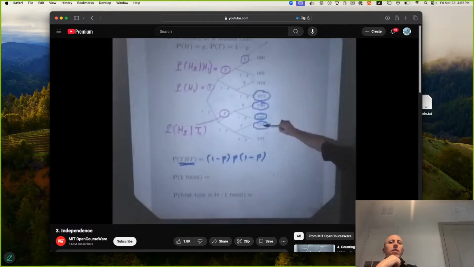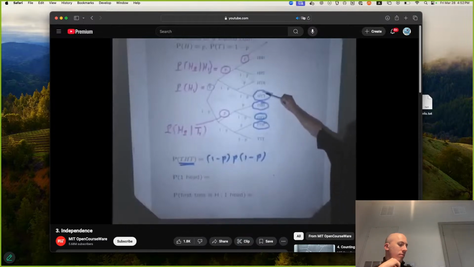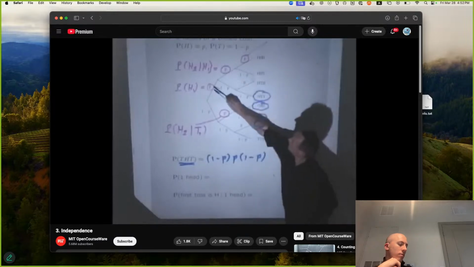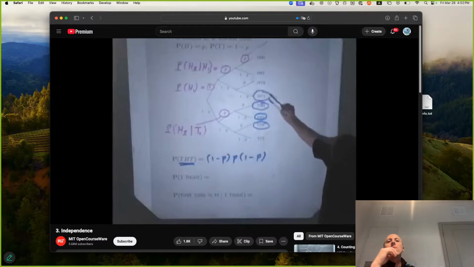So the total probability of the event consisting of these three outcomes, what do we do? We just add the probabilities of each individual outcome. How do we find the probability of an individual outcome? Well, that's what we just did. Notice that this outcome has probability P times 1 minus P squared.